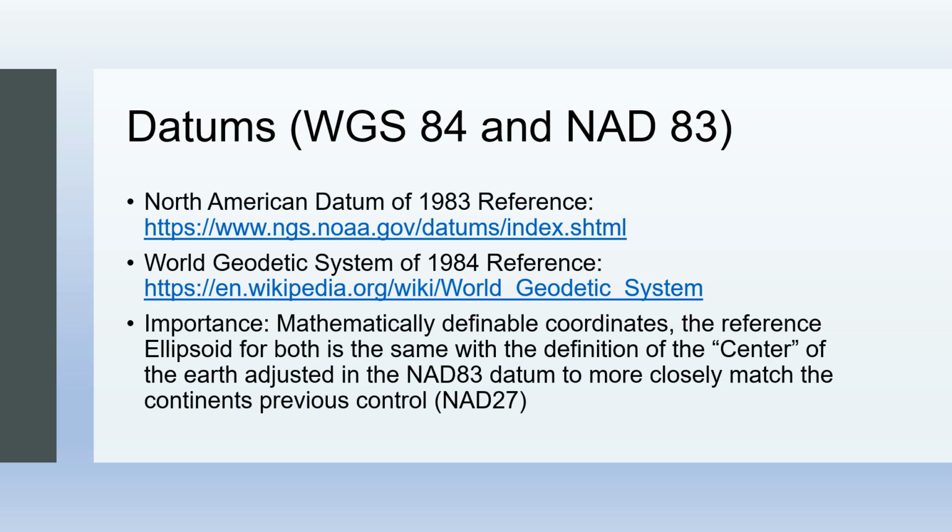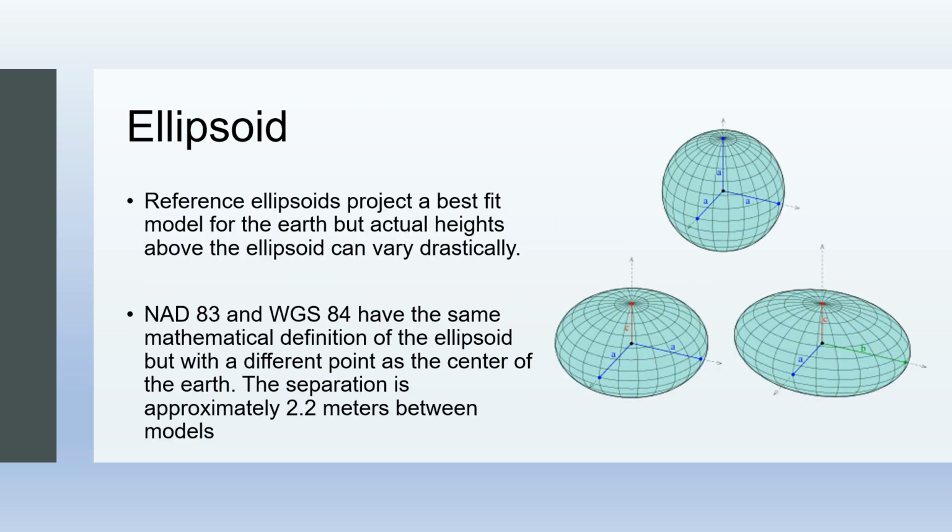But the difference between the NAD83 and WGS84 is the NAD83 was created to transform the North American Datum of 1927 coordinates because there's a lot of legal definitions for NAD27 as far as property boundaries and all that's concerned. So going from NAD27 to NAD83 is a lot easier than it is going to WGS84, and basically the only difference is the location of the center of the ellipsoid, okay?